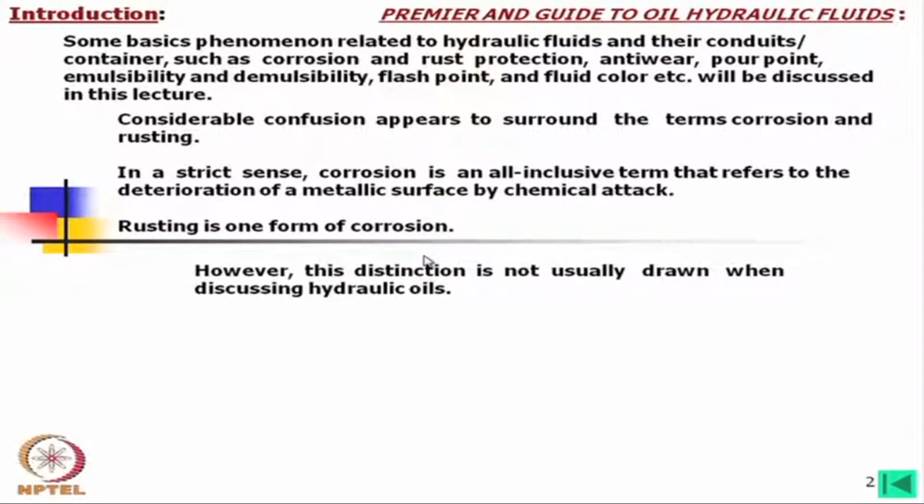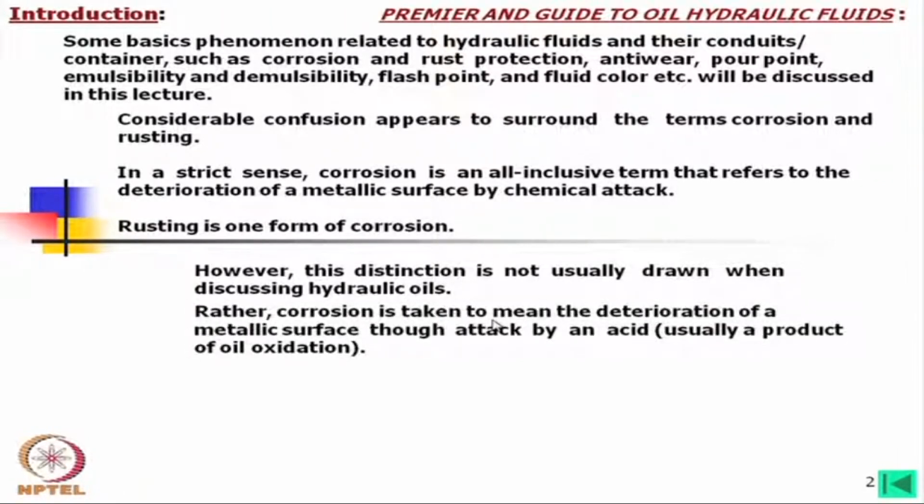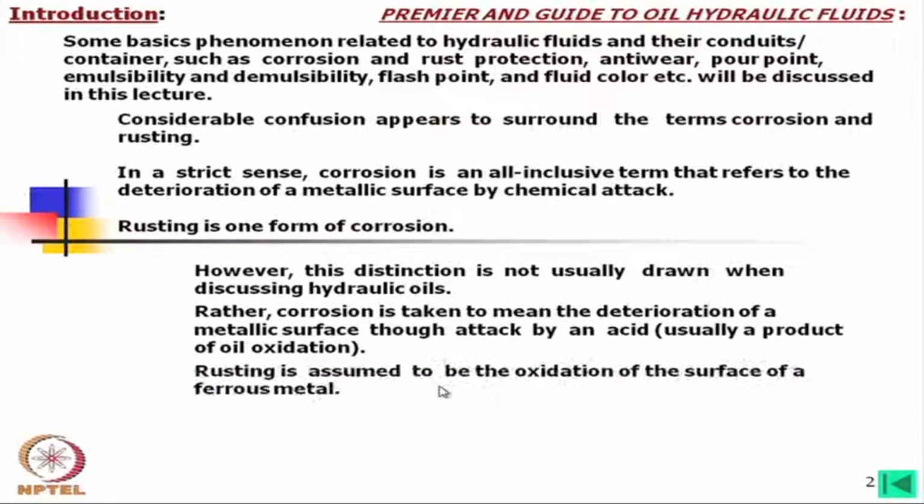However, this distinction is not usually drawn when discussing hydraulic oils, or even other oils or water. Rather, corrosion is taken to mean the deterioration of a metallic surface through attack by an acid, usually a product of oil oxidation. Rusting is assumed to be the oxidation of the surface of a ferrous metal.